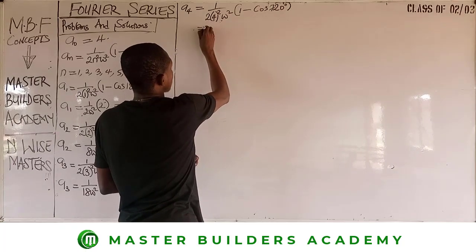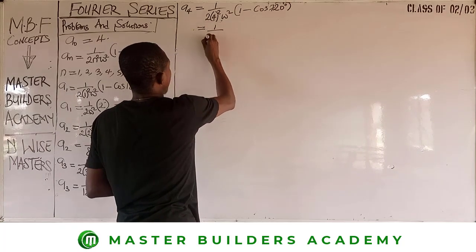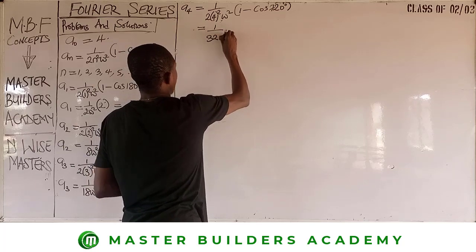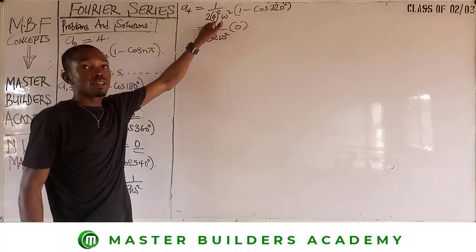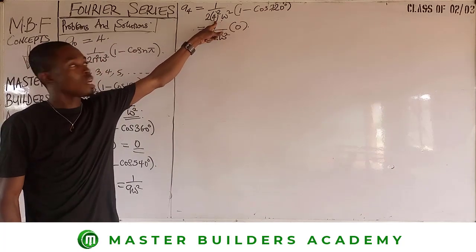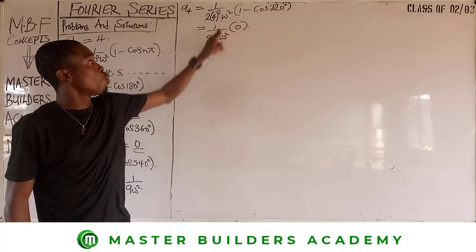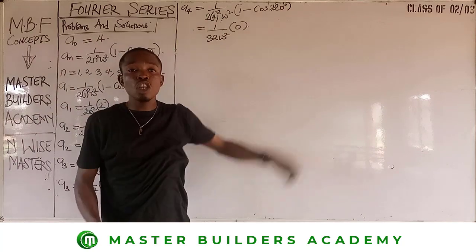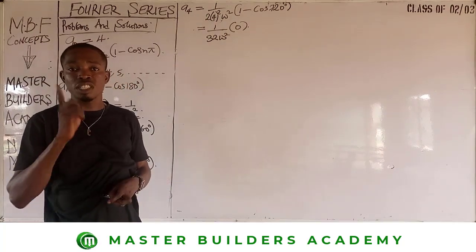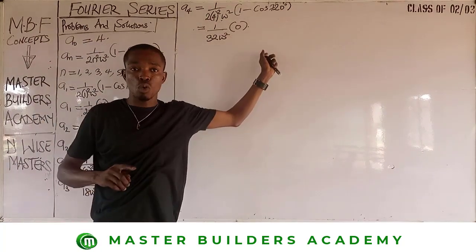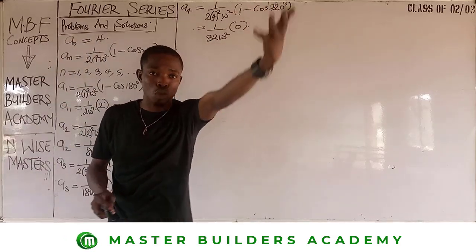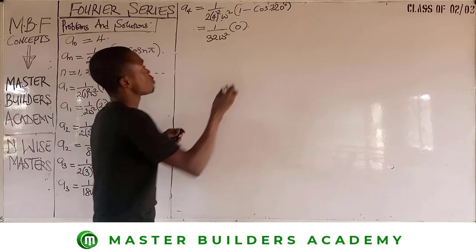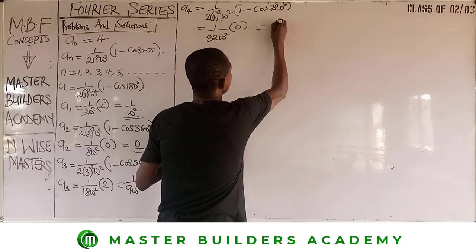And then this will have given us 1/32 W squared into 0. How? 4 raised to the power of 2 is 16. And 16 times 2 is 32. Why we put down this? The cos of 720 is positive 1. 1 minus 1 is 0. Or better still, just type into your calculator 1 minus cos 720. And this is what you have. Automatically, this will give us 0.